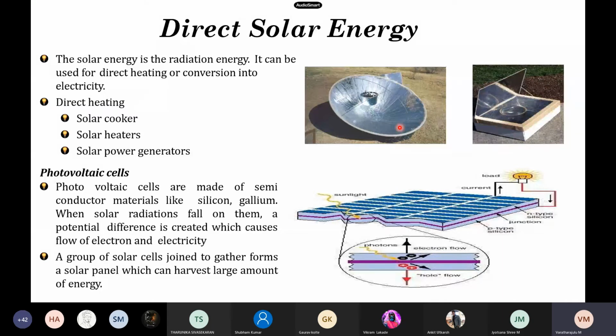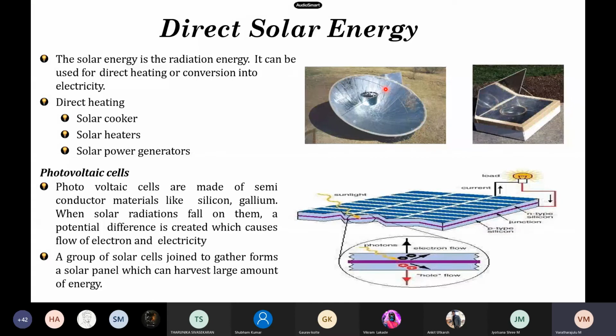The reflection is arranged in such a way that at one particular point it can reflect. At that point we need to keep our things to heat, and that is what happens in the case of the solar water heater.